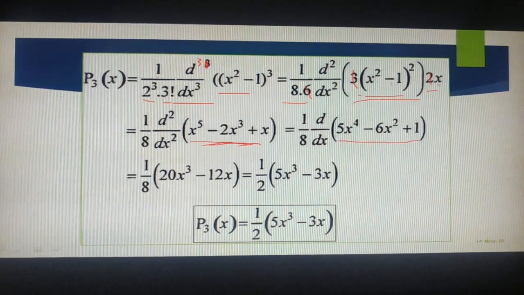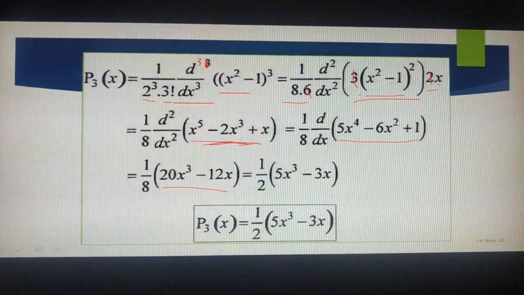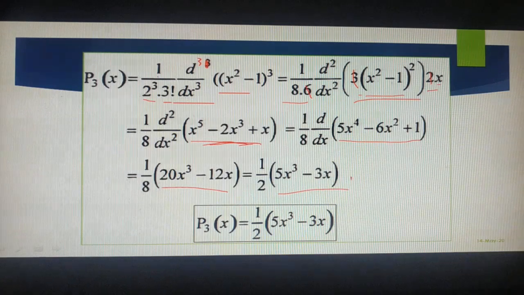Once you go for one more time differentiation, this will be just a polynomial, so to differentiate it is very easy. So 5x to the power of 4 minus 6x square plus 1. Okay, again one more time if you differentiate, that will be 20x cube minus 12x. Of course you can take 4 as common, that will be 1 by 2 5x cube minus 3x. So 4 by 8 means that will be 1 by 2.